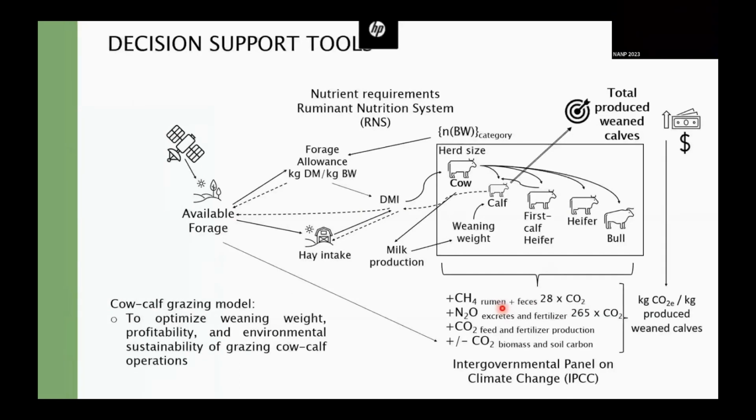So this is a conceptual model or decision support tool when we connect all this information about the available forage with the part of the animal, the herd size.